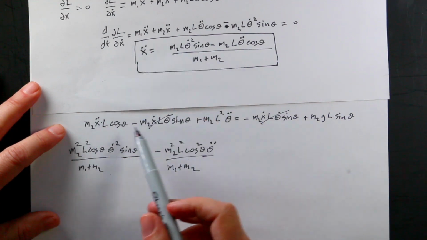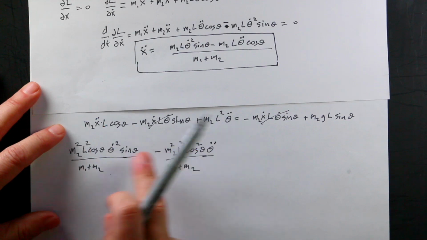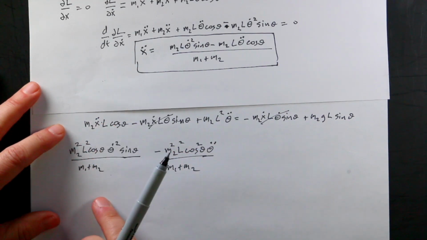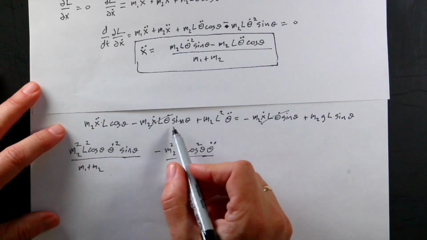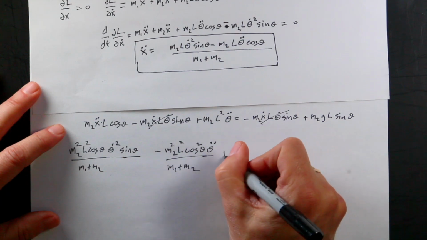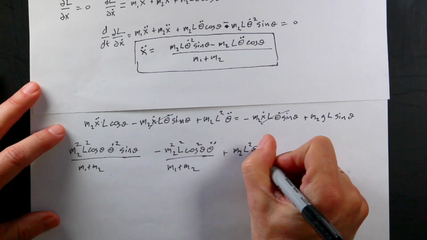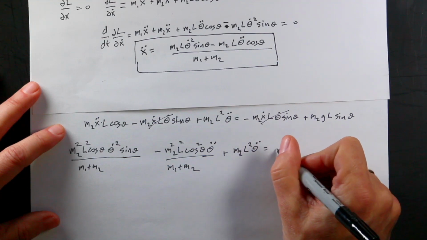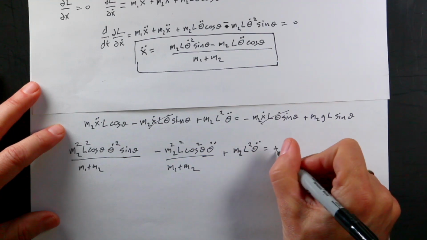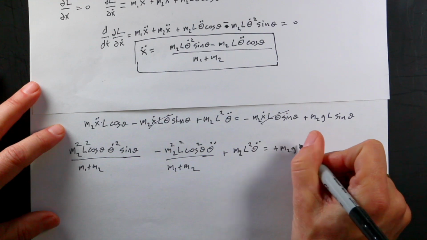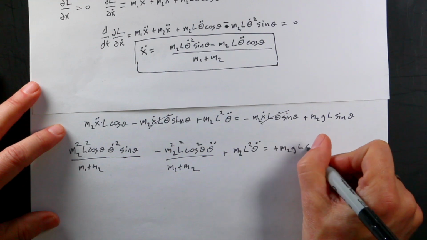And that takes care of this term. These two are what I get when I substituted in the x double dot. And then I have this term plus m2 L squared theta double dot equals plus m2 G L sine theta.